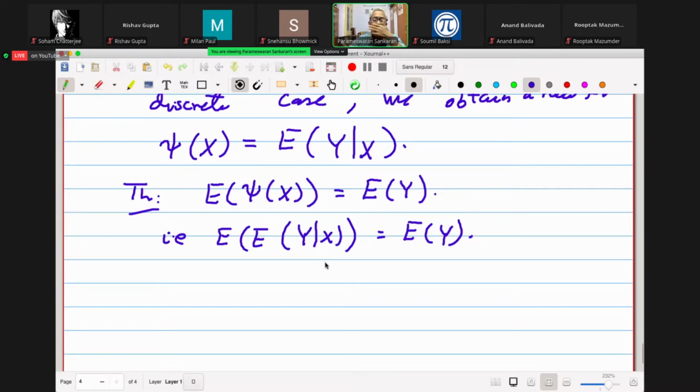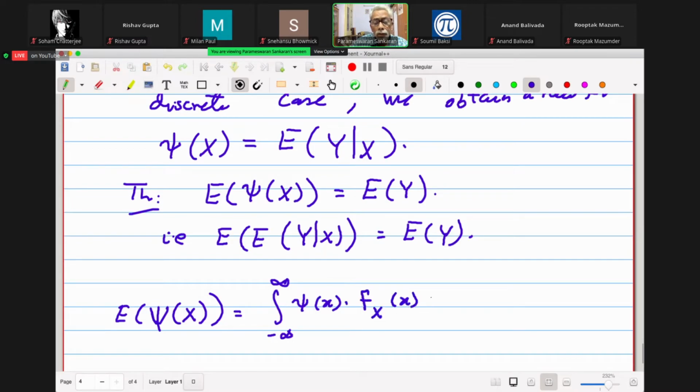I don't want to discuss the proof of this, but the proof simply involves how to write the expectation of psi of X. The key point is the following: the expectation of psi of X is the integral from minus infinity to infinity of psi of little x times f_X(x) dx.